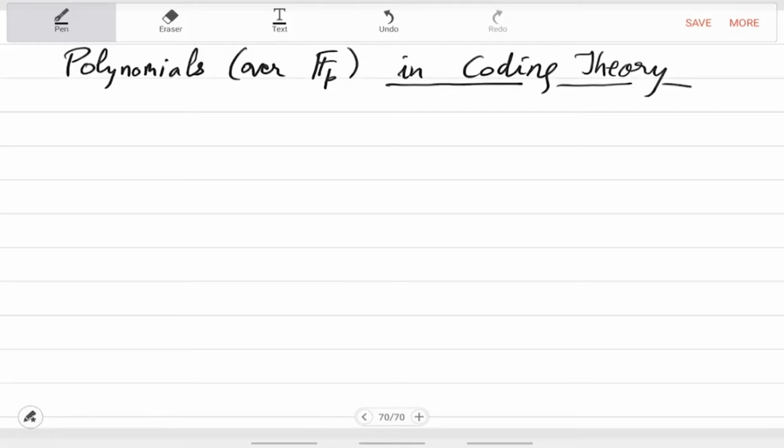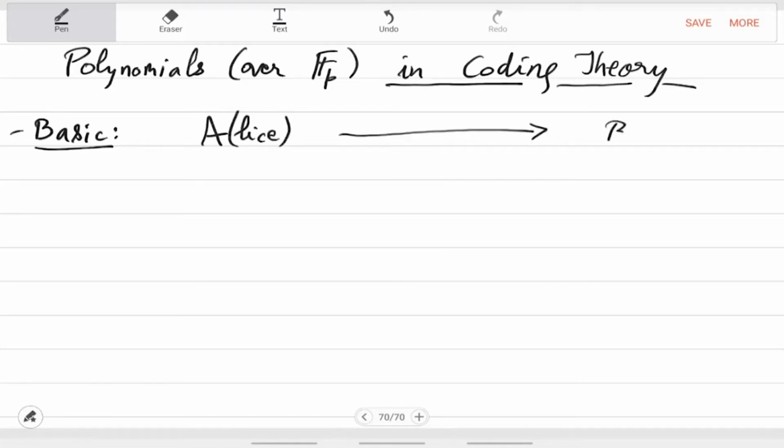Okay, so what is the question in coding theory? In the first class, this was discussed very briefly. The basic problem is that Alice wants to send, let's say, a message that is n bits long to Bob.